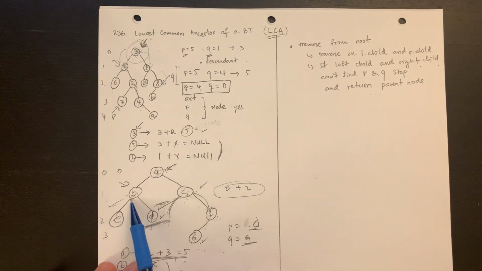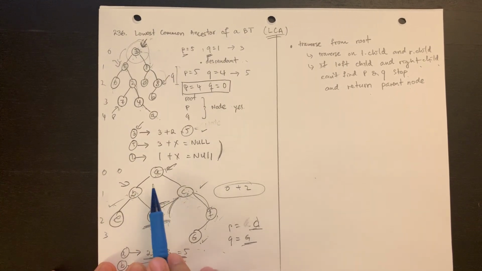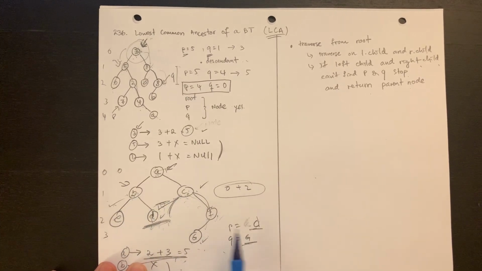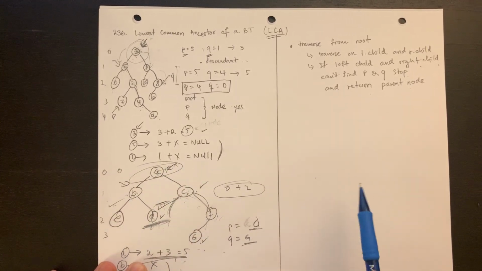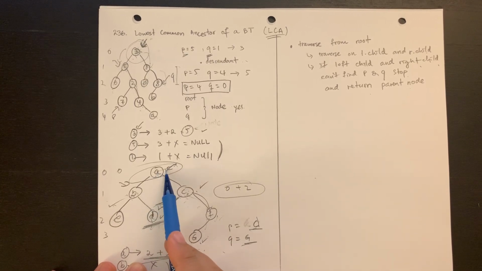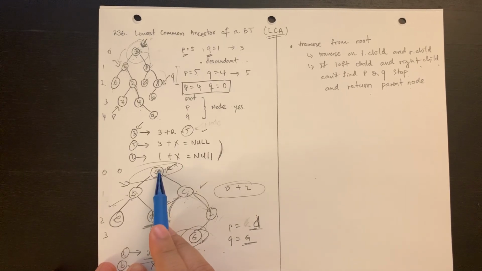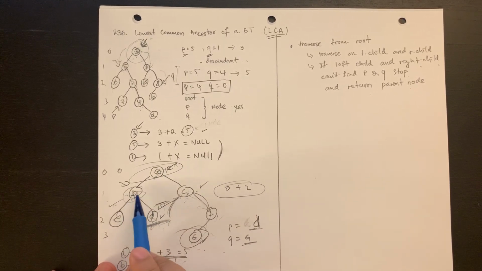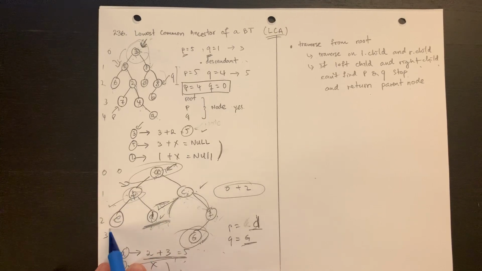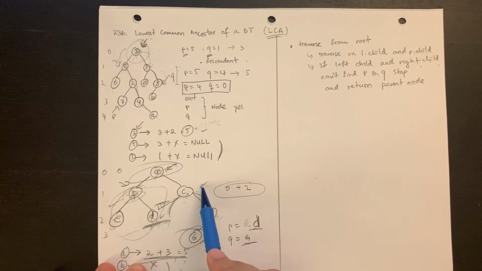Once both of our children don't contain P and Q, we just return the parent. So right here, we start at the stack, we traverse through and we found D. And then we also traverse through here and we found G. So this is good. Then we want to check our left. Since our left child couldn't find it, it returned null. And since this couldn't find it, it also returned null.